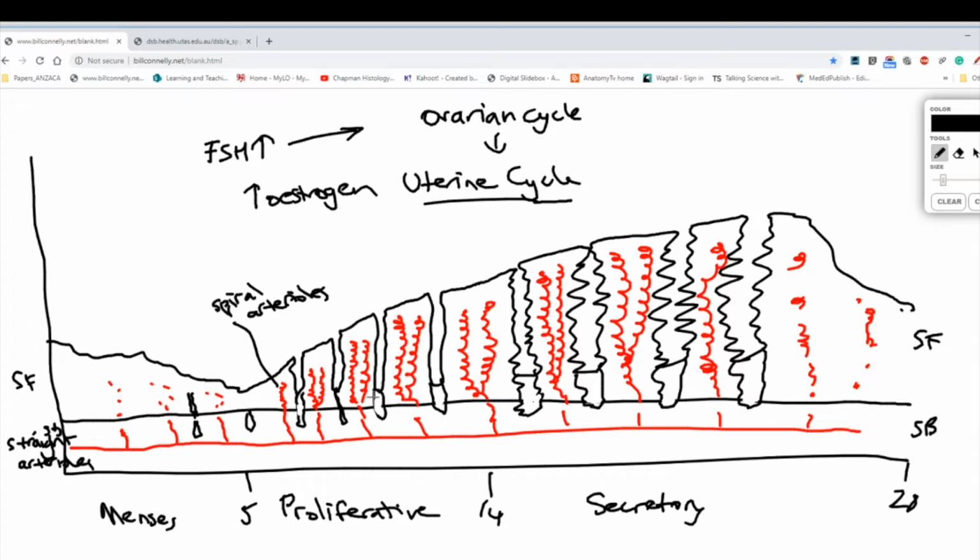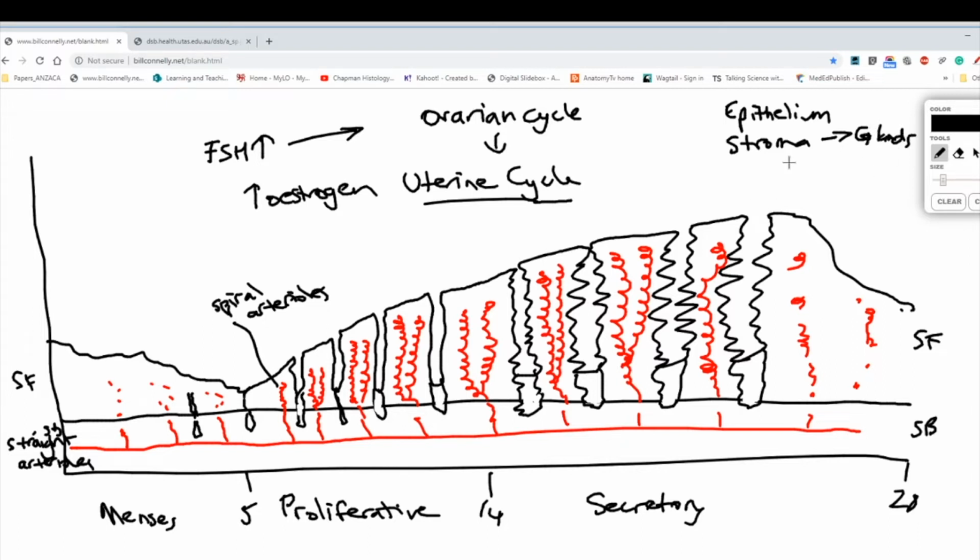So the epithelium from the base of these glands actually regrows out onto the surface of the endometrium here. The endometrium, this stratum functionalis, consists of an epithelium and stroma, and within the stroma we get our glands.